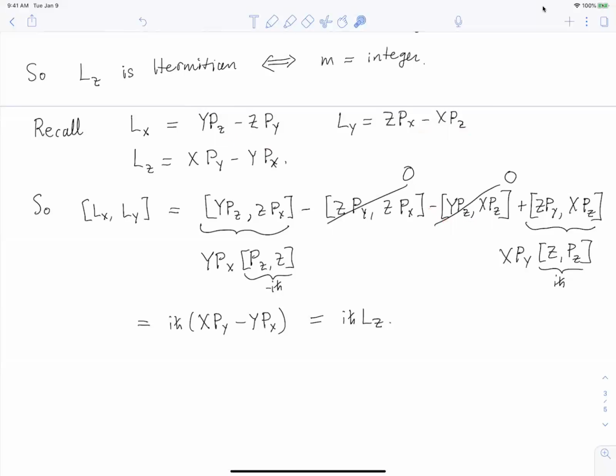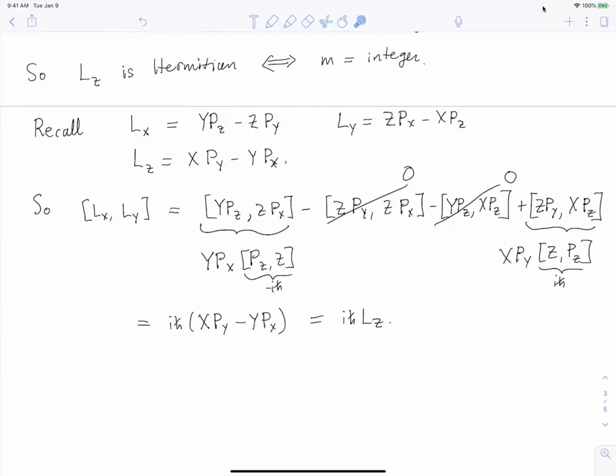And then the last thing is minus and minus makes plus, and there's z p sub y and there's x p sub z. Okay. And then in the next step, you did the same thing to get from the y p z, z p x to the y p x, p z z, like that very first term and that last term? Yeah, this term. Right.